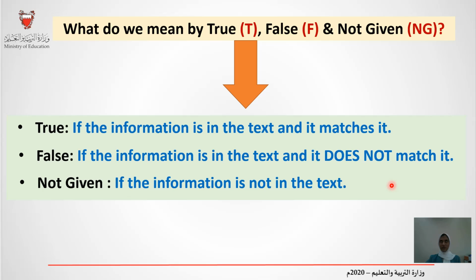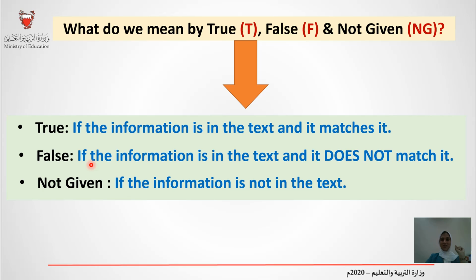As for not given, which is the tricky part for students, if you get a statement and the information is not at all in the text, then it is not given. So the difference between false and not given is that in false, you have this information, but it is wrong.